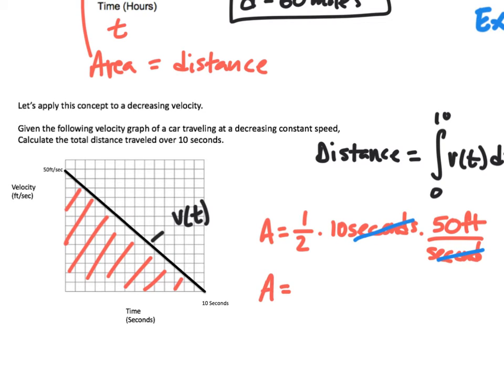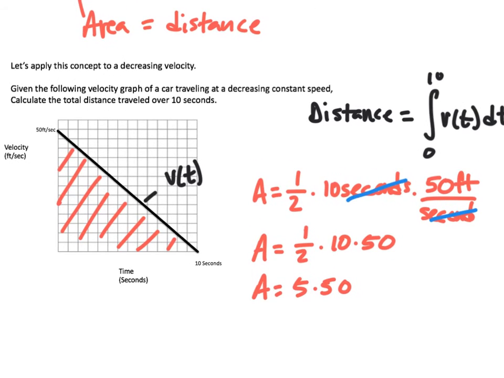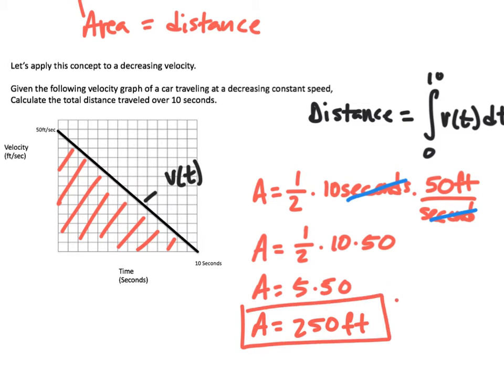Area is equal to 1/2 times 10 times 50, so area is equal to 5 times 50, and so area here is equal to 250, and this is a measure of feet. And this is our total distance, our distance traveled.